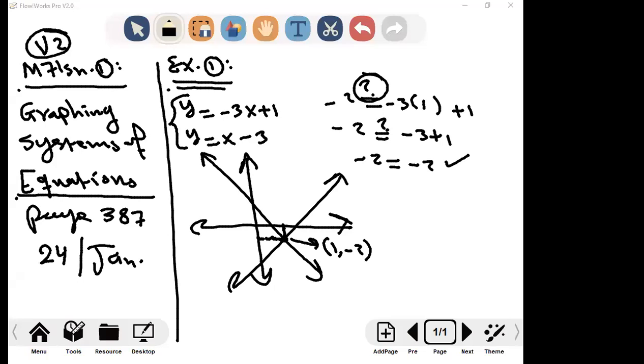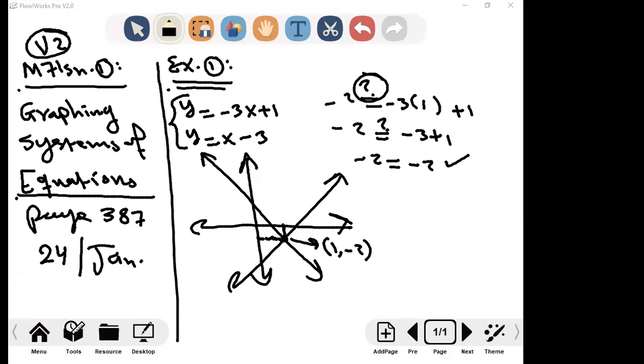So how do we know the solution? By the intersection point. If the two lines intersect with each other, then this intersecting point is the solution. But if the two lines do not intersect with each other, they will be parallel, right? Parallel, they won't intersect, meaning there is no solution, right? You understand me?